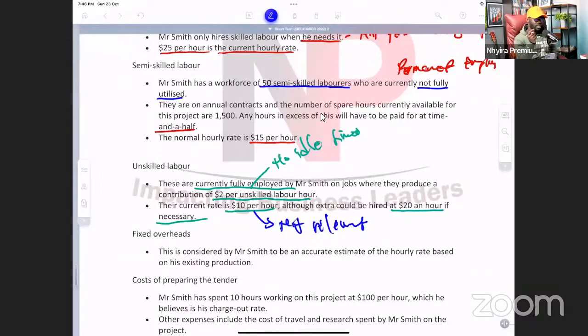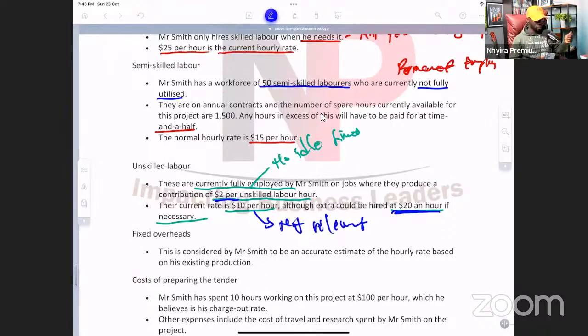So the question then is, should we use our own employees who are currently earning us $2 per unskilled labor hour, or should we go outside and hire people and pay them $20 an hour? Which one is cheaper? It'll be better for us to lose the $2, isn't it? So that we can use our current labor force to be able to do the work that has to be done in that particular case.